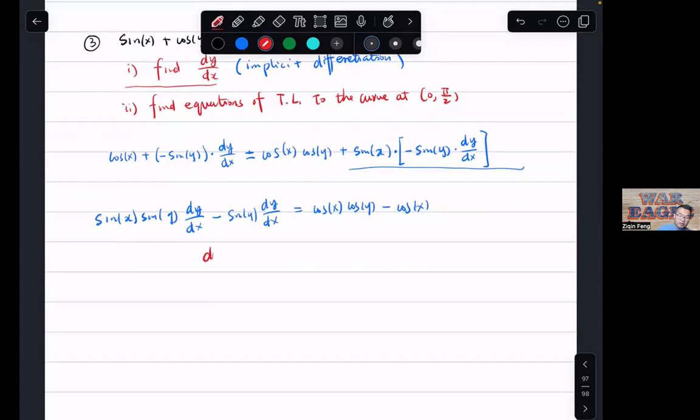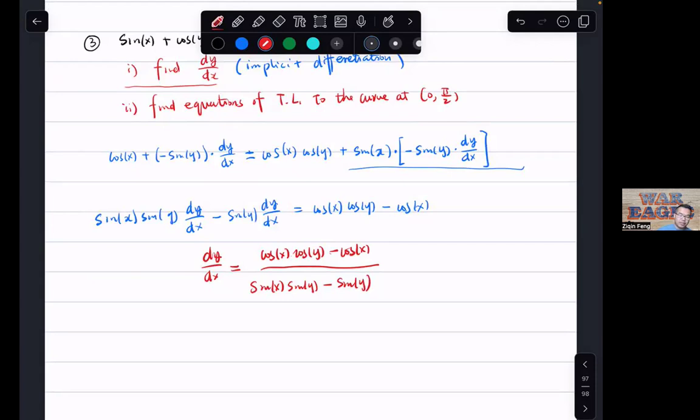You get dy over dx is a big quotient, which is cosine of x cosine of y minus cosine of x over sine of x sine of y minus sine of y. So that's the derivative of this function. We know that the slope of the tangent line at a point is the value of the derivative at the same point.